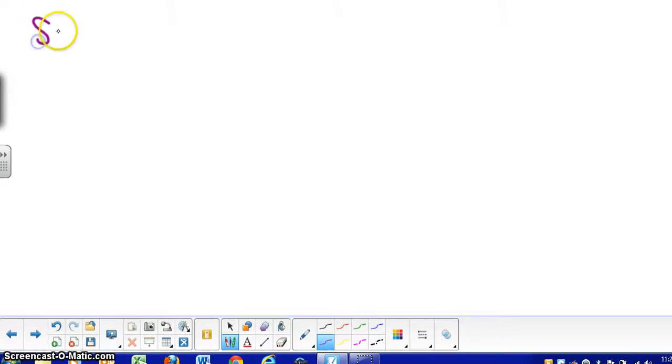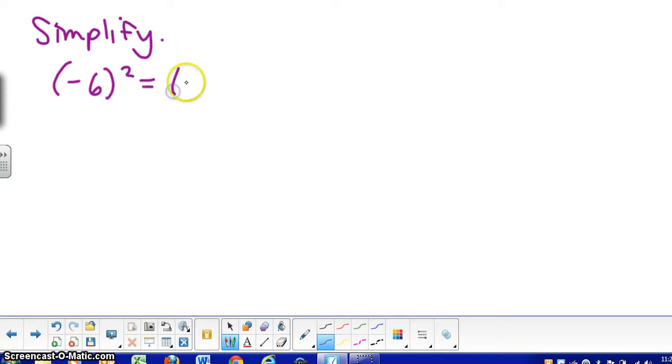When simplifying, there are certain rules that you should remember. So in simplifying something like parentheses, negative 6, squared, keep in mind that the squared is on the outside, so it would be negative 6 times negative 6, because there are 2 of them, to give you an answer of 36.